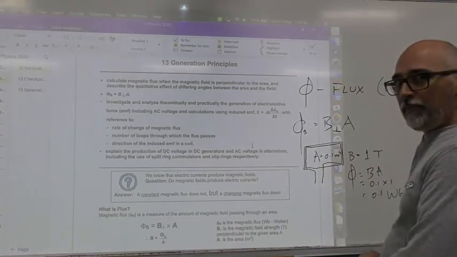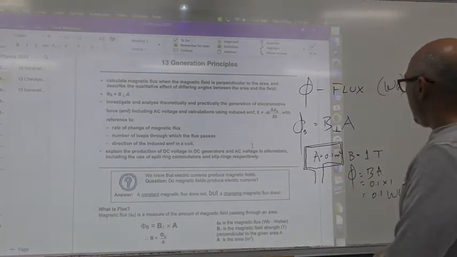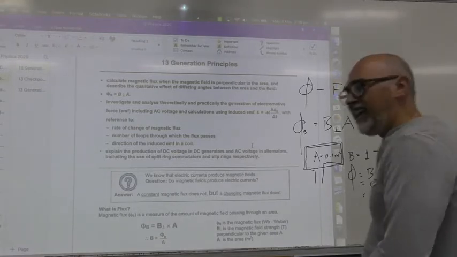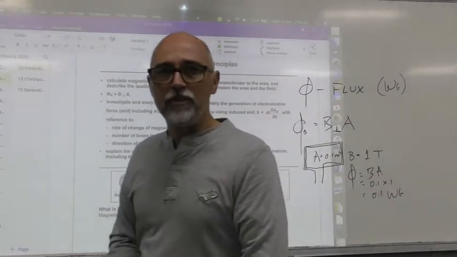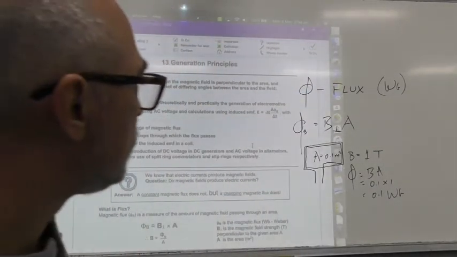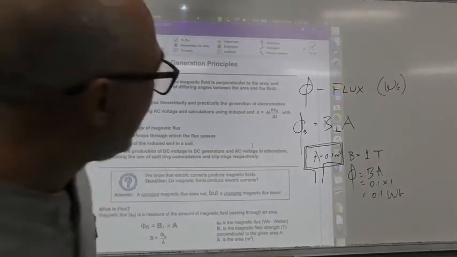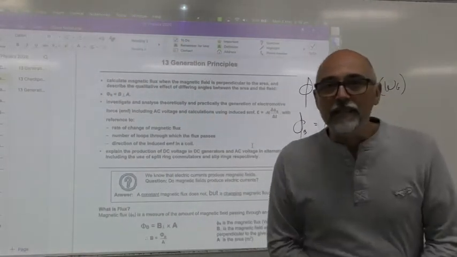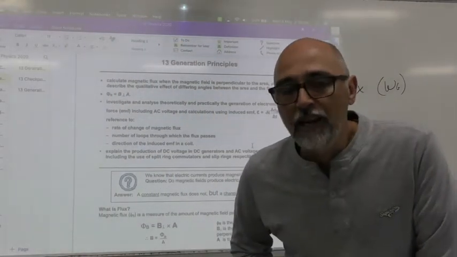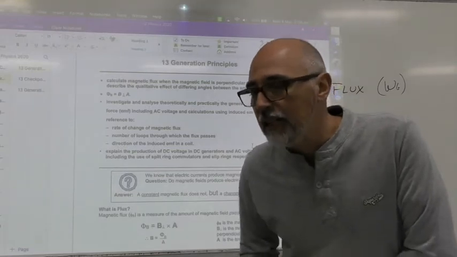Look at the formula. Ask yourself, is there anything built into this formula for flux that tells us about the number of loops? Nope, there isn't. That means the number of loops does not change how much flux you're actually calculating.